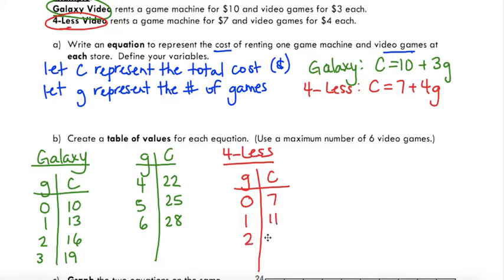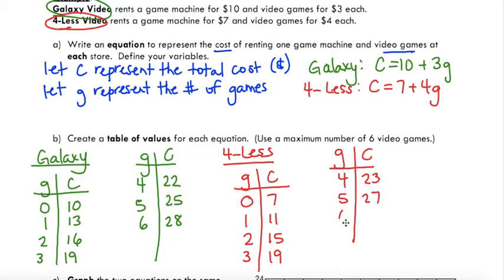If I rent 2 games, it's 11 plus 4, which is 15. If I rent 3 games, I'm adding another $4 to that to give me 19. I'm going to continue my chart over here. 4 games, 19 plus 4 is 23. 5 games, 27. And 6 games is 31.